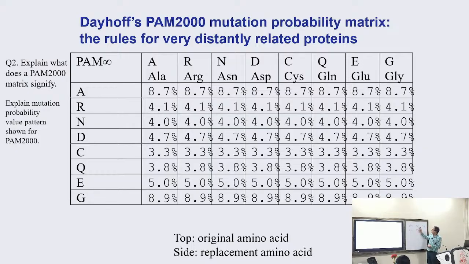So dependence on the ancestral is gone, and then this becomes probability of A, and that is why you have the same values. These are the values of probability of A. Clear? So that's why this pattern.